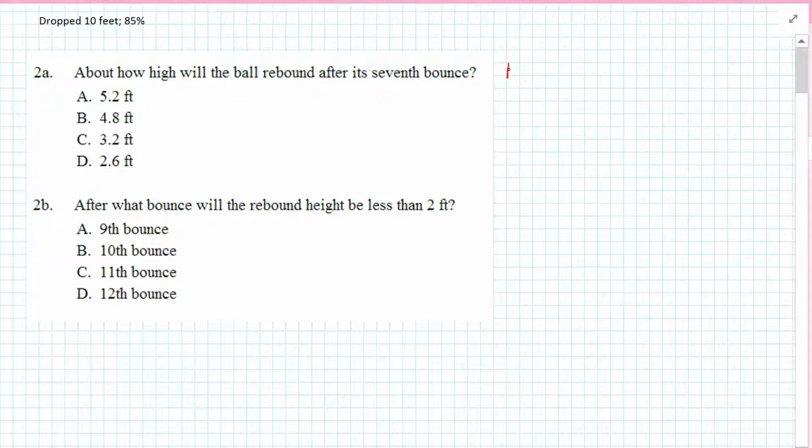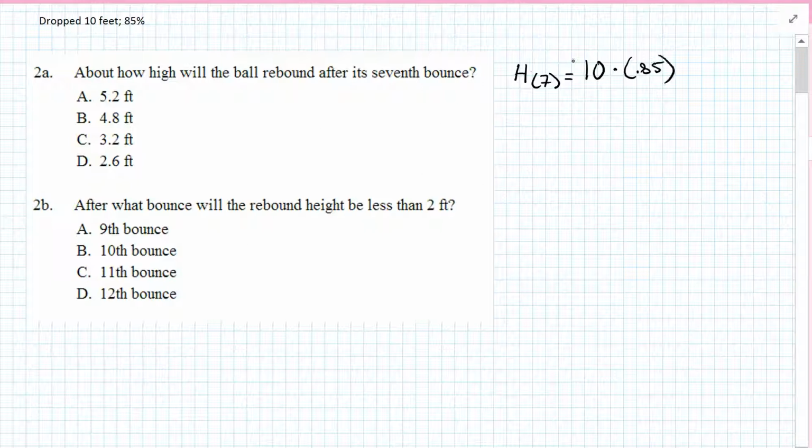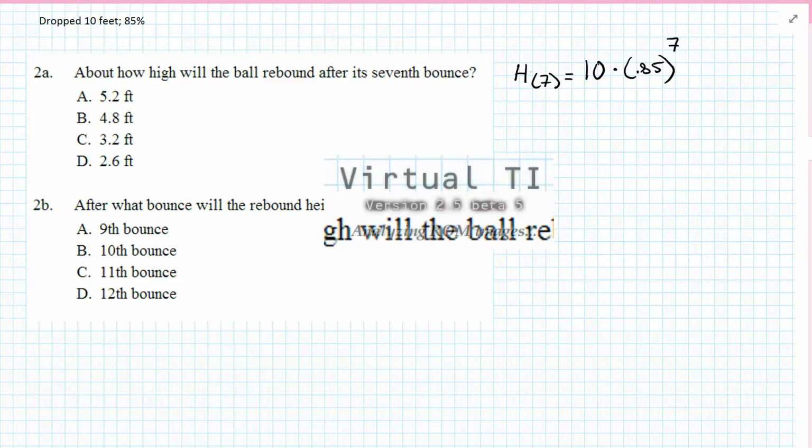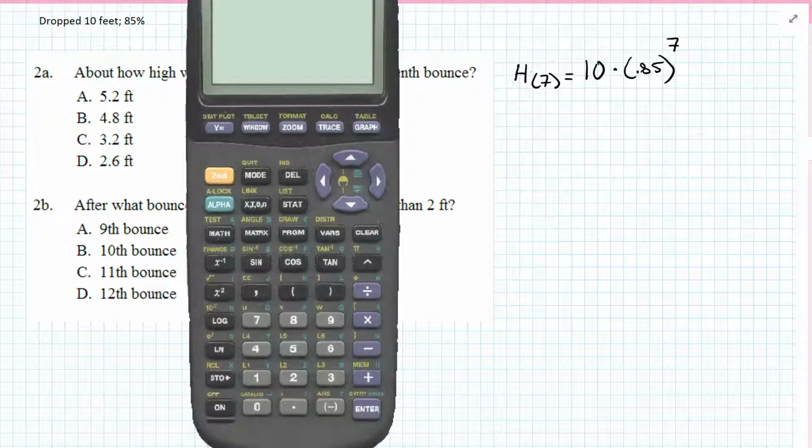So we could say it bounced 7 times, or the height after 7 we could say is this. The height after 7 would be 10 times 0.85 to the 7th power. Okay, because we know we're just going to keep multiplying it over and over 7 times by 0.85.